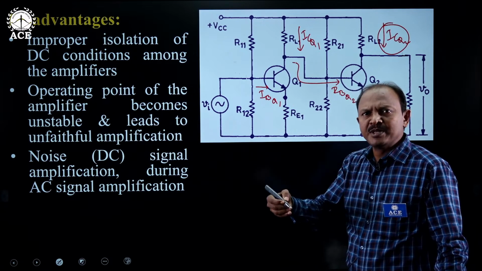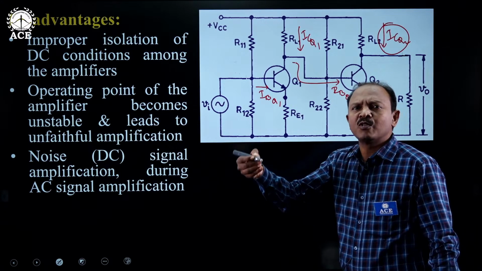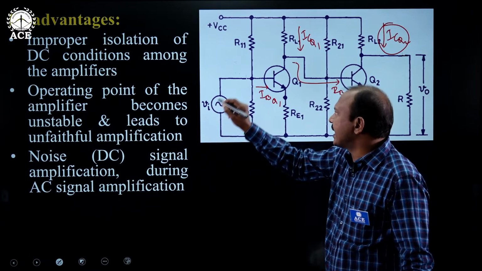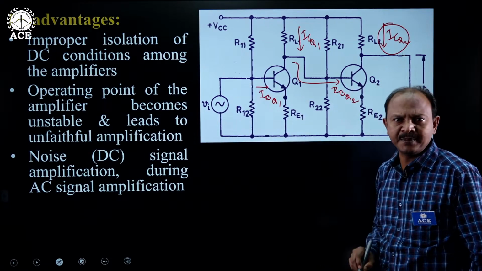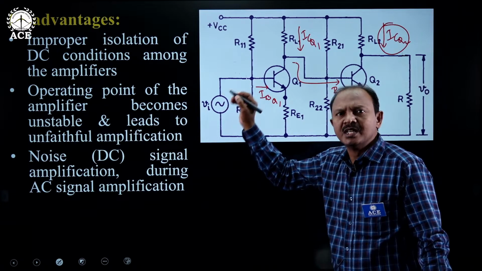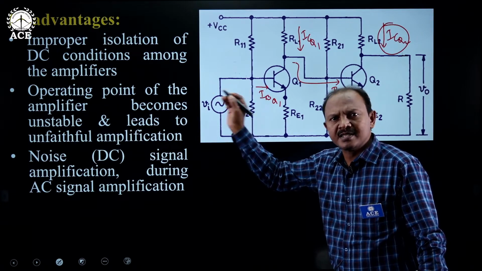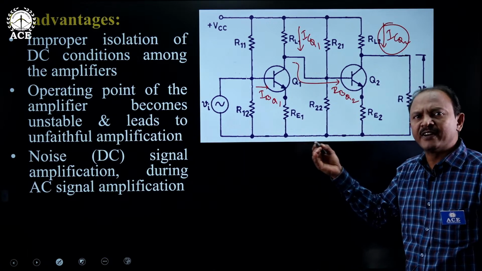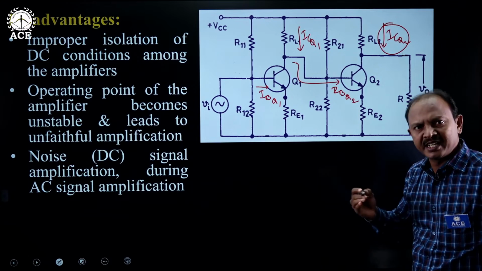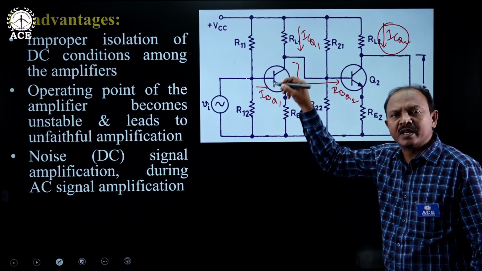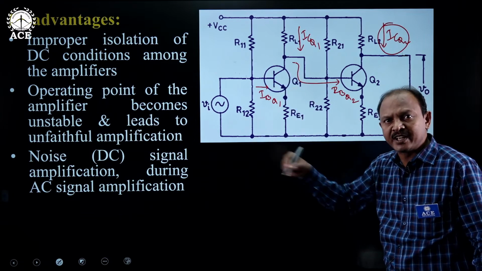In case, by mistake, some noise or unwanted DC component is added or mixed with the source signal and arrives at the input of this amplifier, what happens? There is no prevention, no protection here to block that unwanted noise or DC component. That will automatically enter into the first stage and get amplified in the first stage, not yet finished.